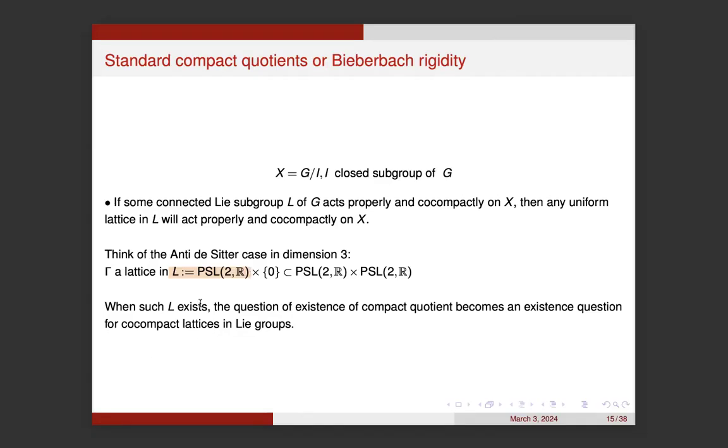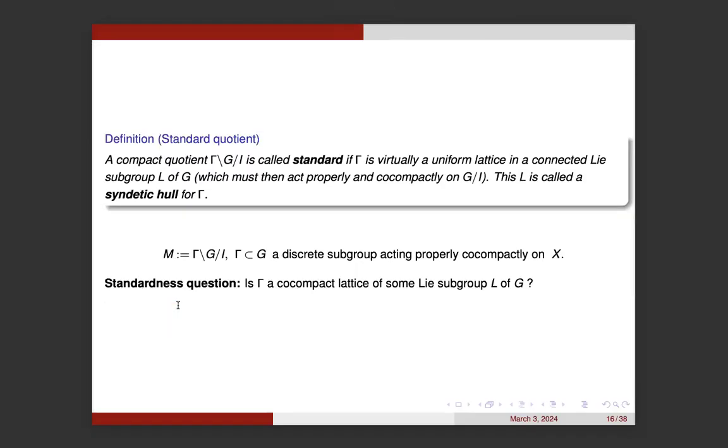So when such a group L exists, if I can find a connected Lie group acting properly co-compactly on X, then the existence of compact quotients becomes an existence question for co-compact lattices in Lie groups. This brings me to a question similar to that in the Riemannian setting.